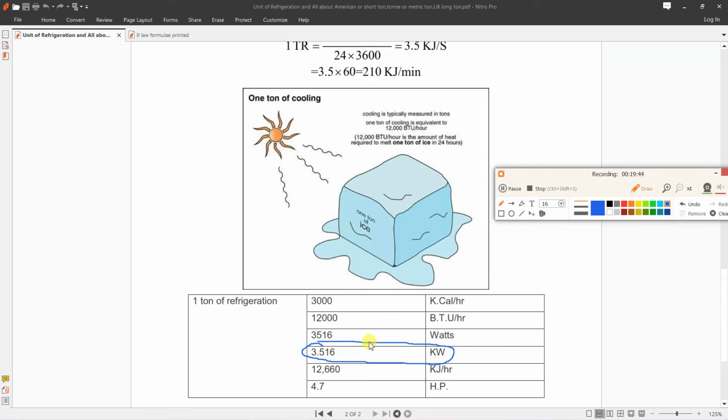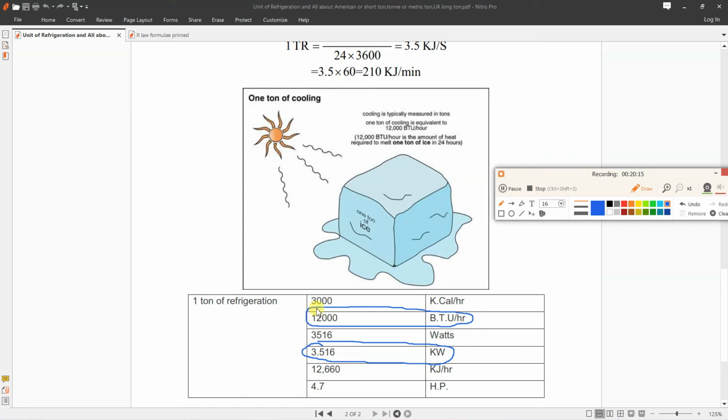So 3516 watt. Then 1 ton of refrigeration is also equal to 3000 kilocalorie per hour. The next value is 1 ton of refrigeration is 12,000 BTU per hour. BTU is British thermal unit. You will find this value if you have an air conditioner.